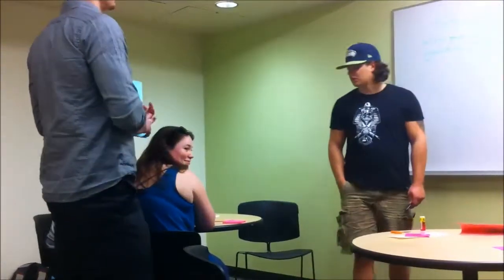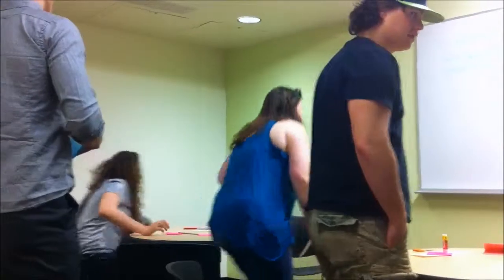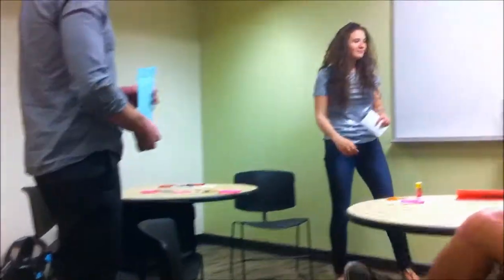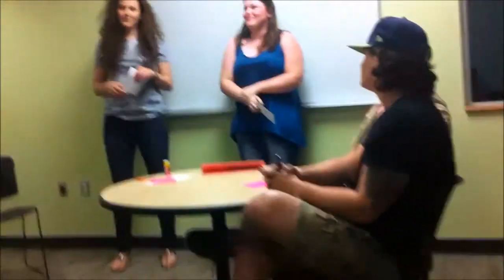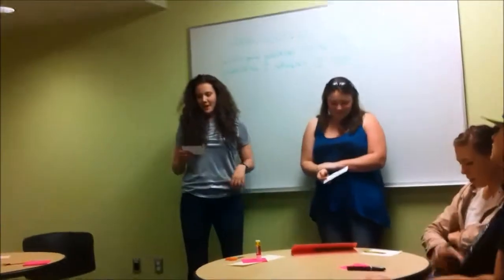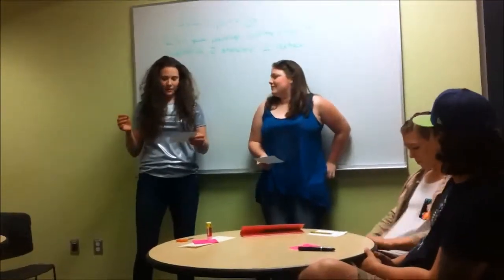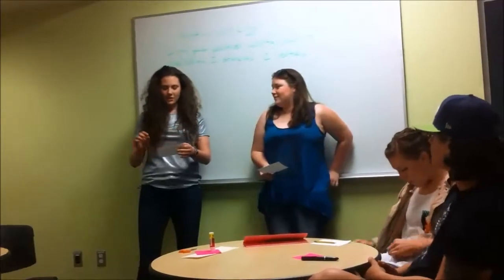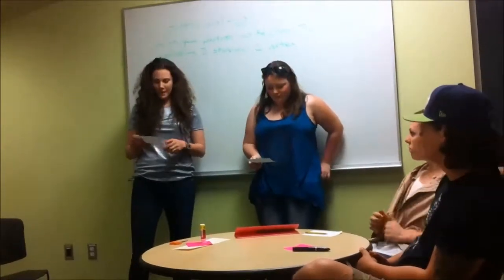Alright, it's your guys' turn. For the vertex form, we decided to define the vertex first, which is the (h, k) value, and remember to take the opposite of the h value.